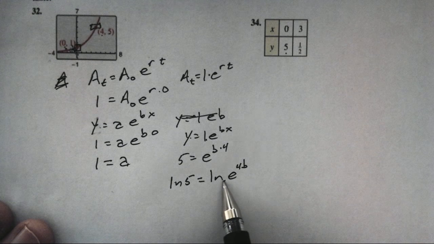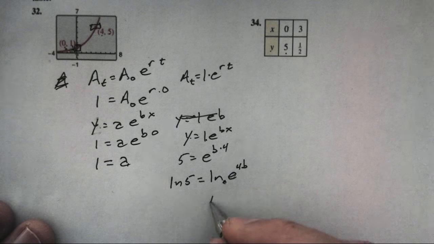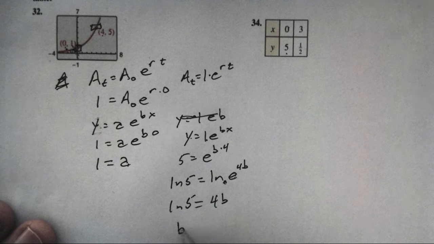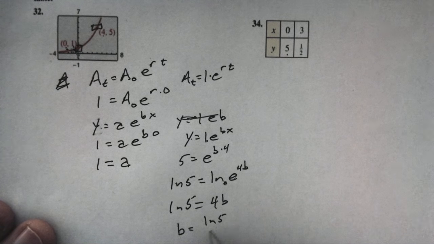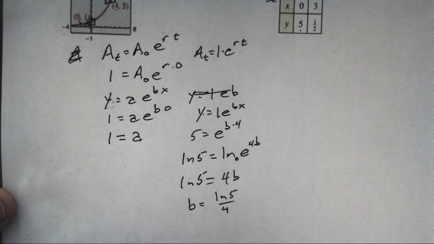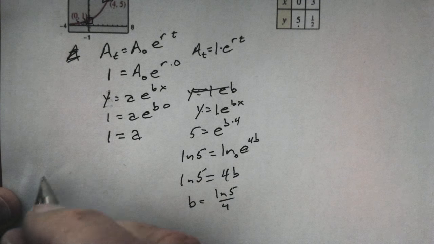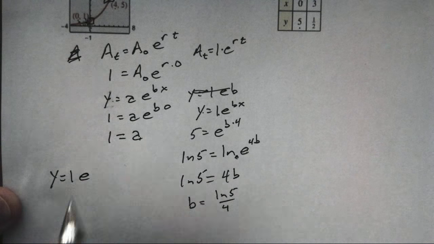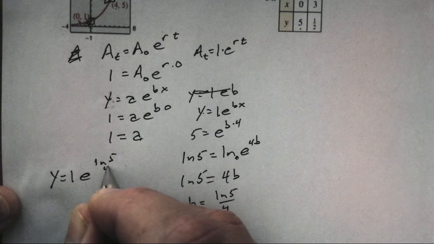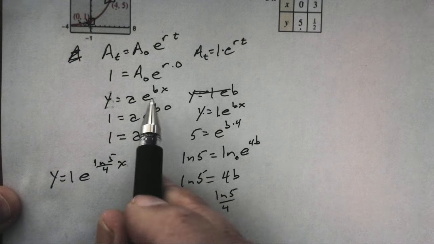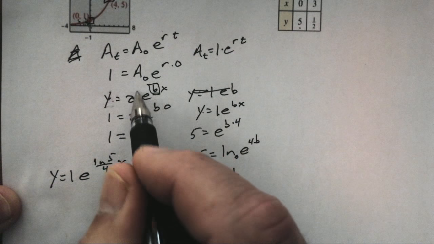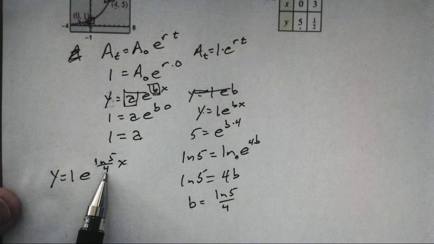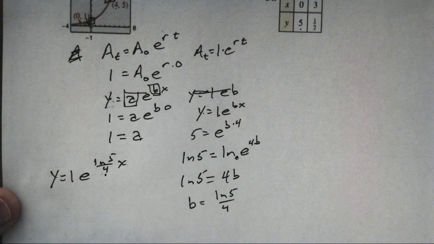But this is the exponent that turns e into e to the 4b. This is 4b equals ln 5, and b is ln 5 divided by 4. Our exact answer for our model then is y equals 1, you don't need the 1 of course, e to the ln 5 over 4 times x. I just put those values for a and b right in there. Now the back of the book may have that rounded, but that's our exact value rather than rounded.